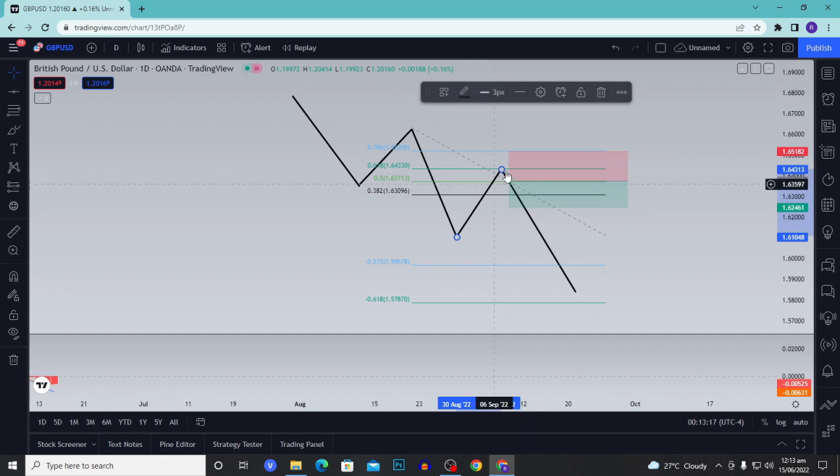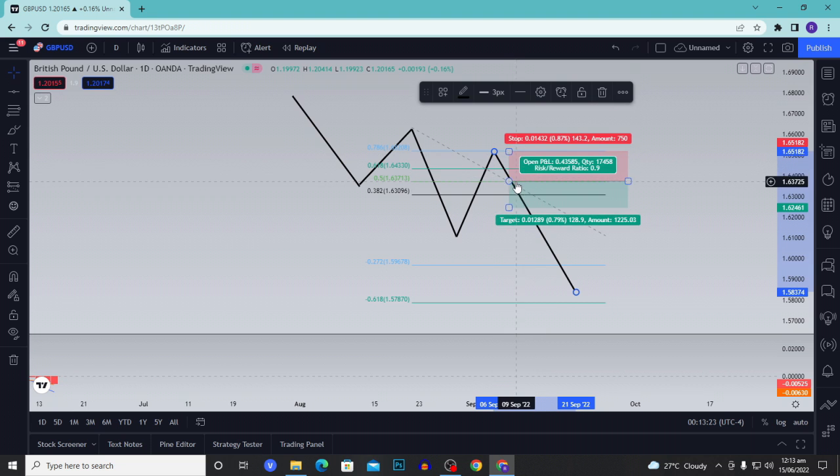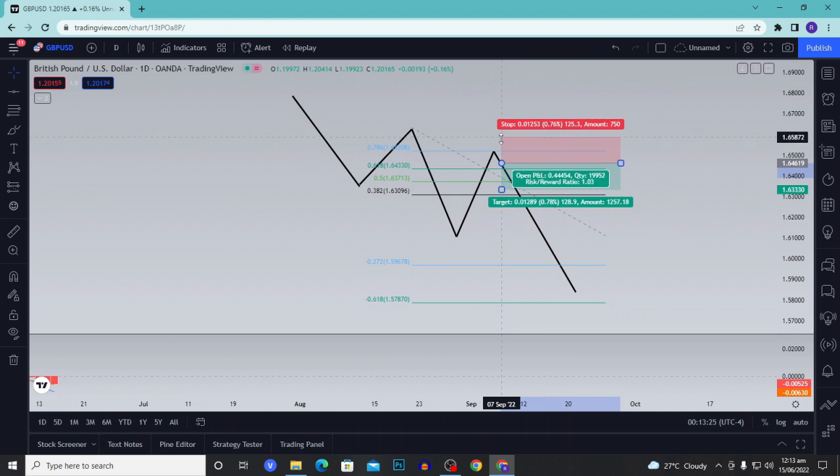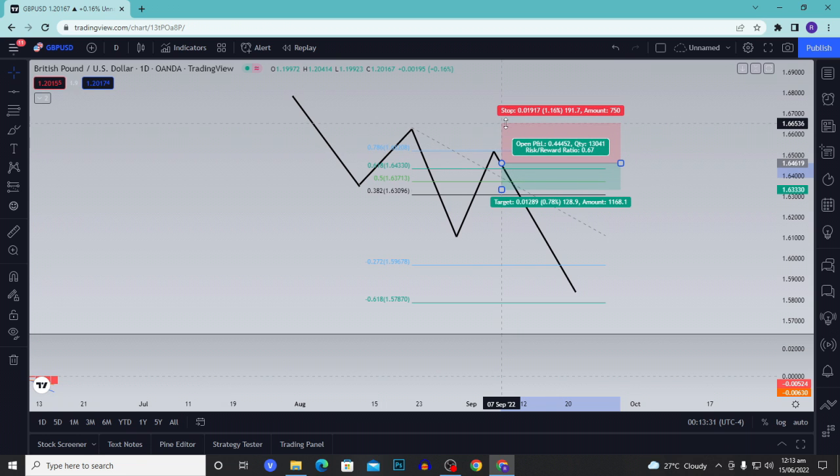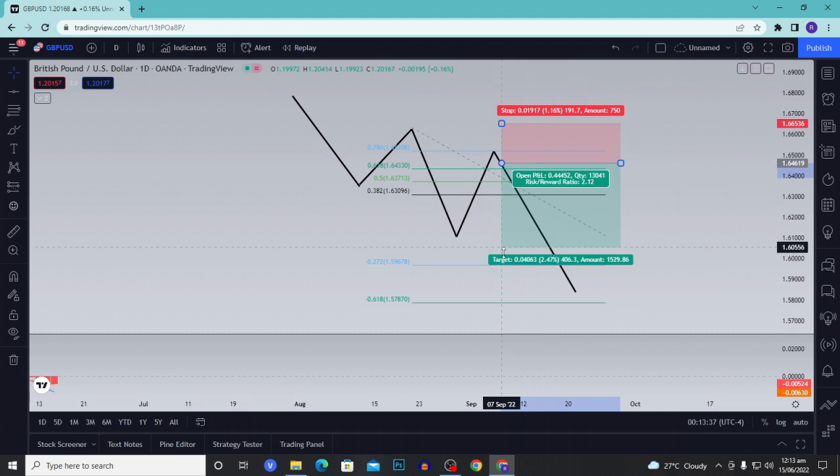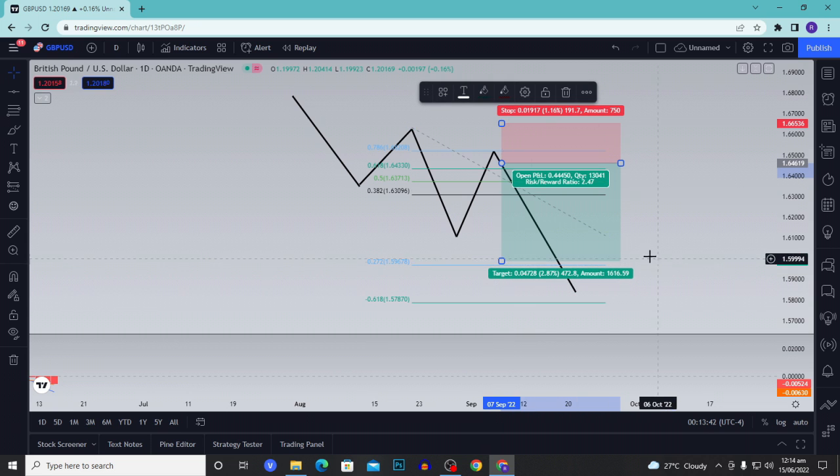If price retraced back to your 0.786 point, like this, your stop loss should either be above the previous high or above the beginning of the impulse move, like this, for at least a 1 to 3 risk to reward ratio, or the very first round number before you get to your negative 0.272 point on your Fibonacci.